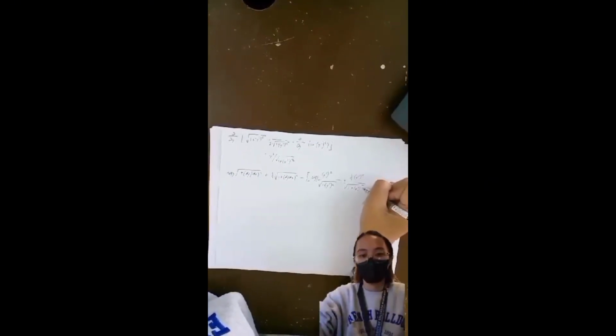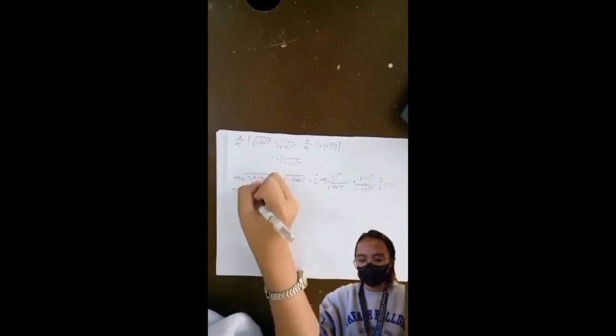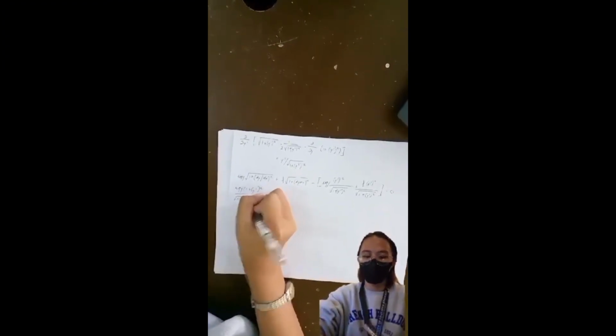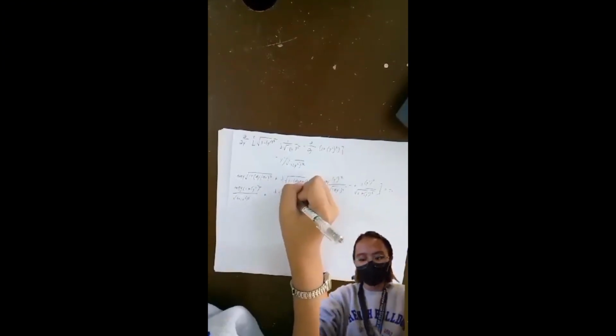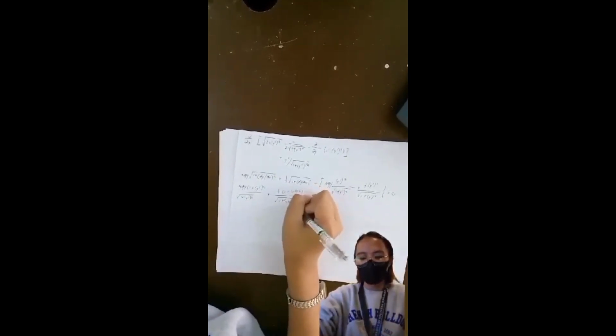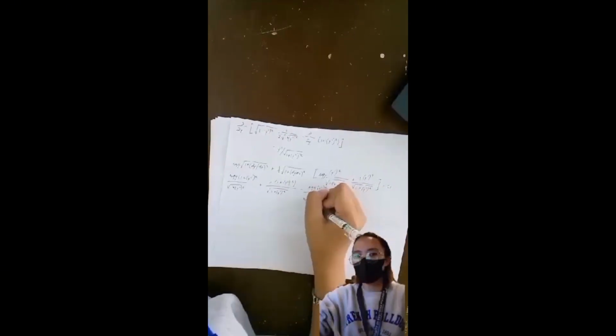Now we're going to square both sides, and then simplify by isolating y prime, or dy by dx. We will move the denominator to the other side, then multiply by C1 squared, and then solve for dy by dx.